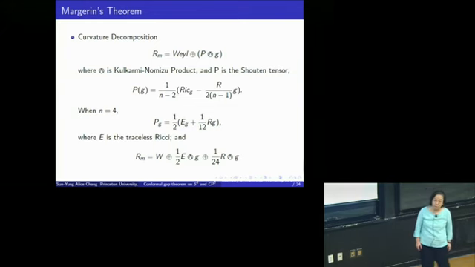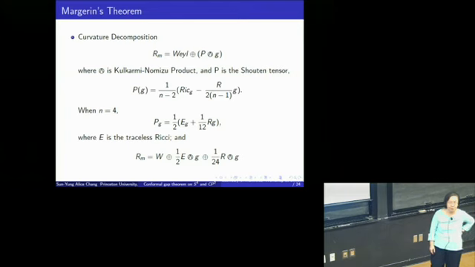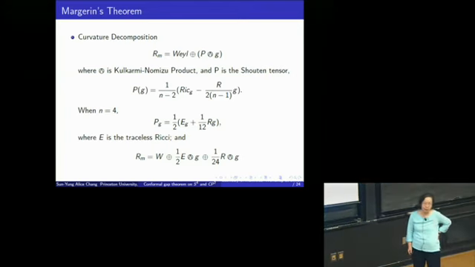But now I want to mention another result, which is more recent, and that's a result of Margerin. Margerin viewed the curvature in another way. What he thinks is, now we look at the curvature decomposition as a 4-tensor. Now it's split into 2 parts.